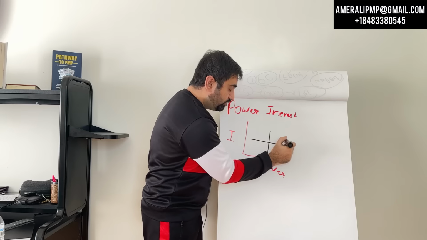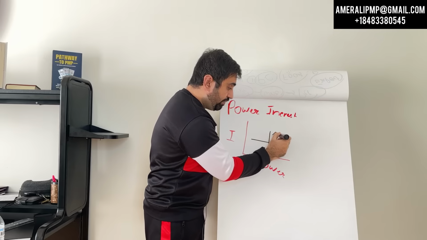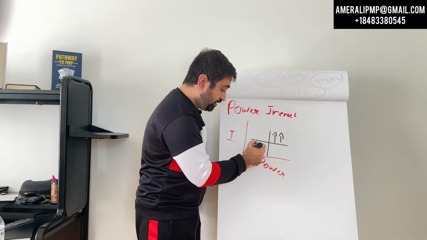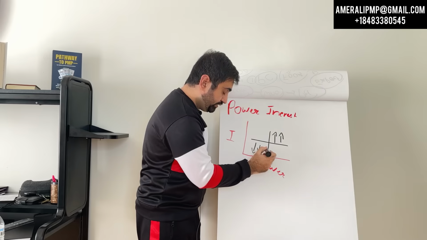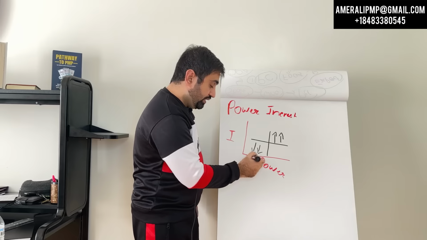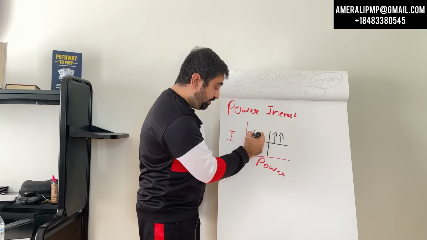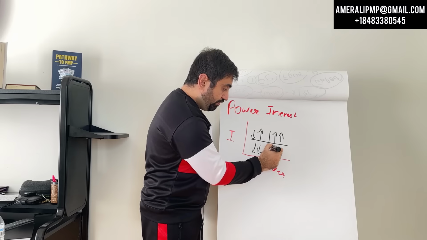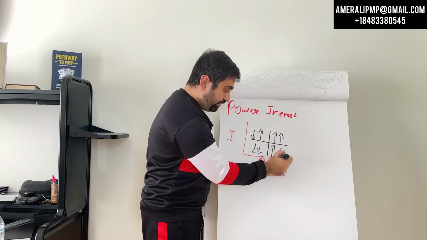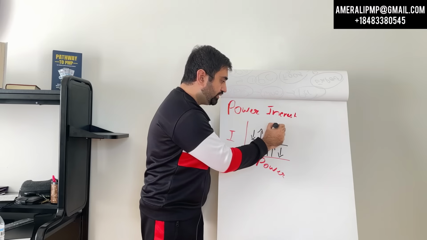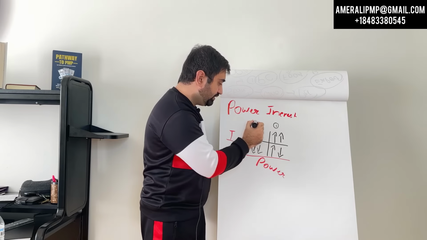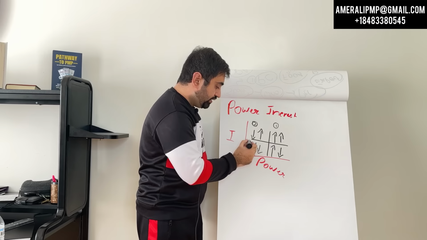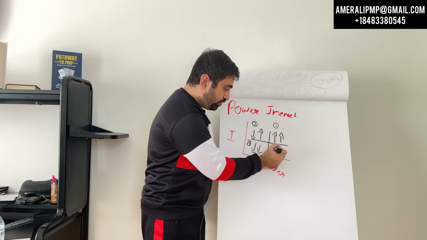So who are the stakeholders having high power, high interest, low power, low interest? Here it is less power, highly interested. Here it is more power, but they are not much interested. I can call these the first quadrant, second quadrant, third quadrant, fourth quadrant for easiness.